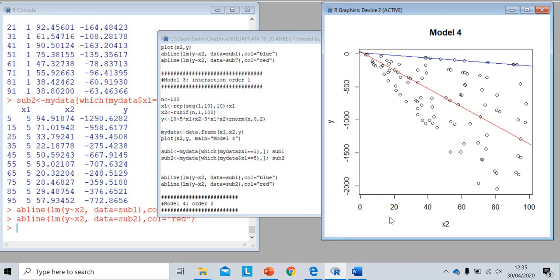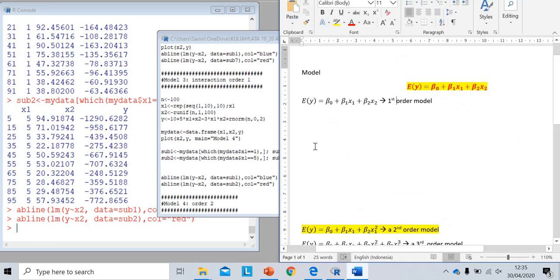So if we see this kind of visualization, then the model that we will be proposing is one where we put in an interaction term between the explanatory variables.